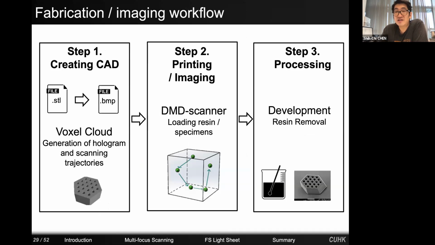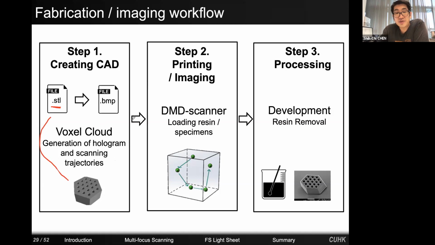Here is a quick summary of how things were done in our method. You can create any structure using commercial CAD software. Once you complete that, you save the file in the STL format, which is a 3-dimensional point array. We then convert each point into a hologram, and that's automatically done in MATLAB.